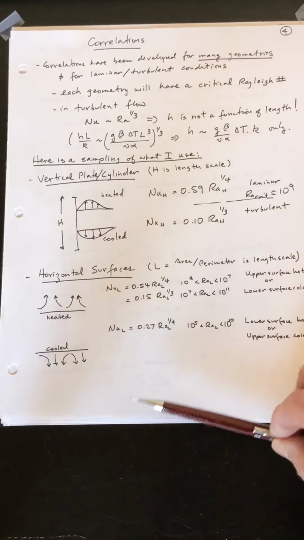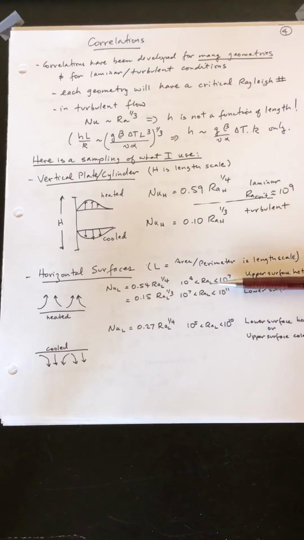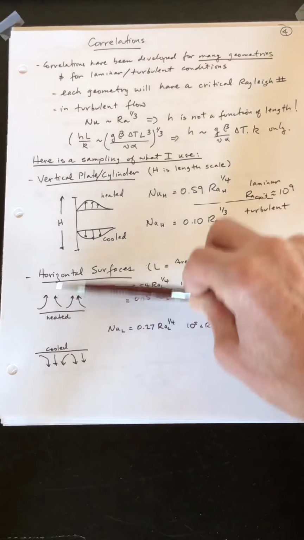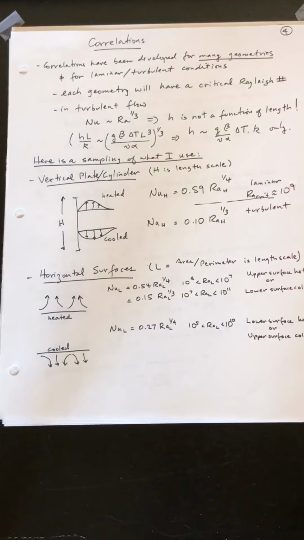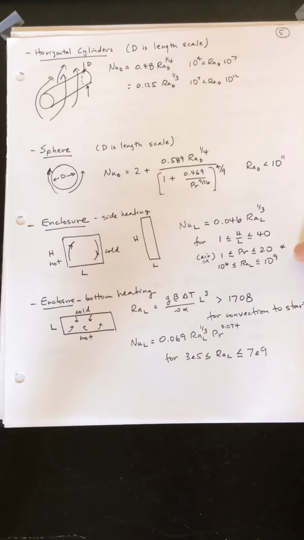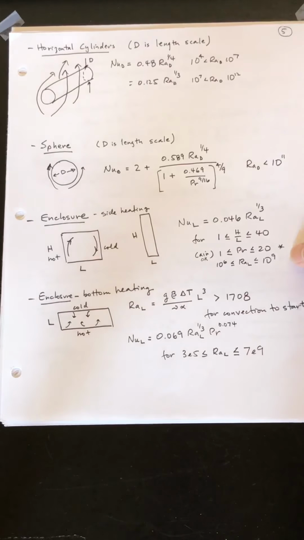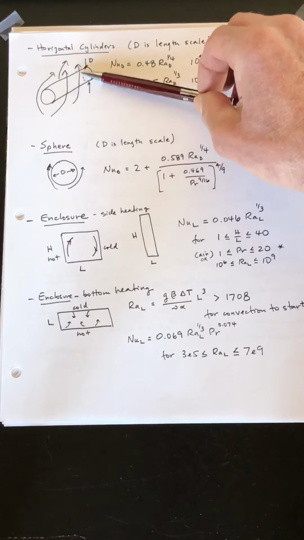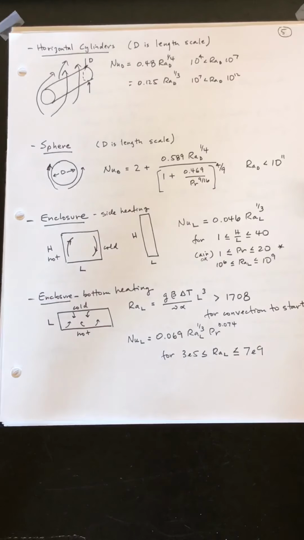And then there's basically two situations: whether the plate is being heated or cooled, and whether you're looking at above the plate or below the plate. And then finally, for horizontal cylinders, the length scale is the cylinder diameter, and again, two correlations depending on whether it's laminar or turbulent.